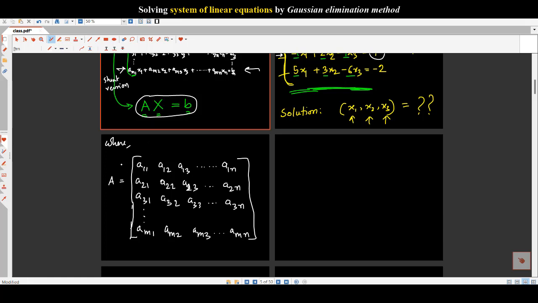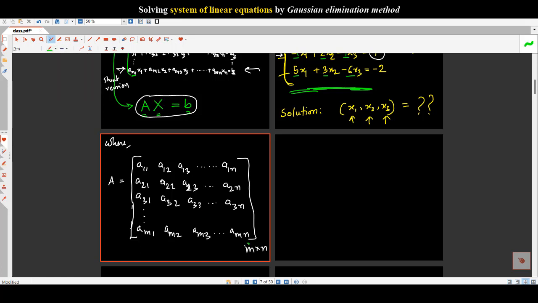This matrix has m number of rows, n number of columns. So the size or order of this matrix is m by n. Okay, this is the size or order of the matrix.